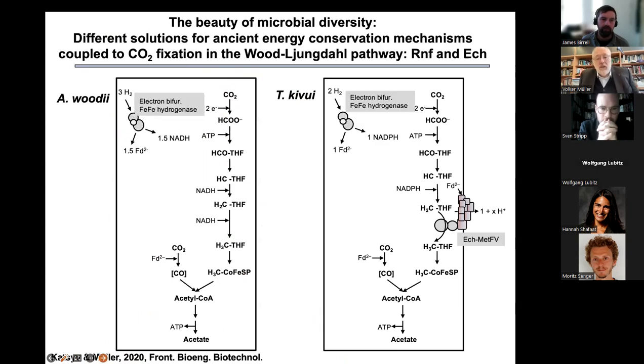First of all, we need a hydrogenase to activate the hydrogen. And we all know about the function of hydrogenases. And in both organisms, we have electron bifurcating iron-iron hydrogenases.